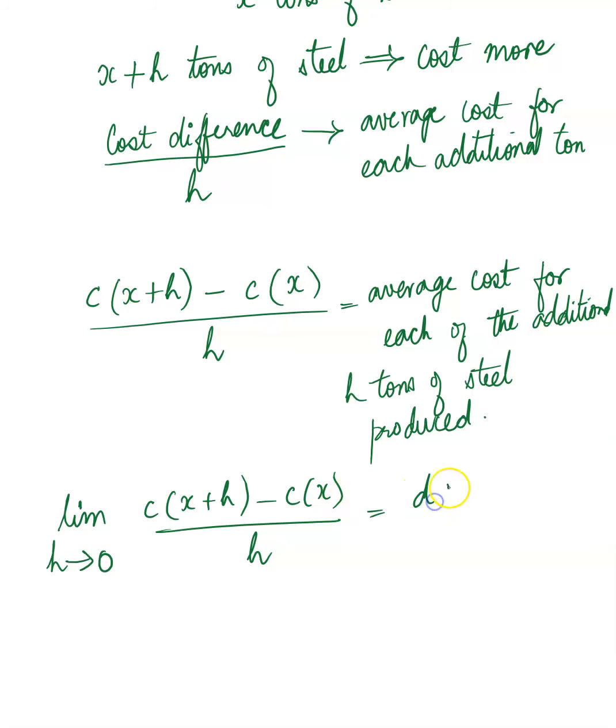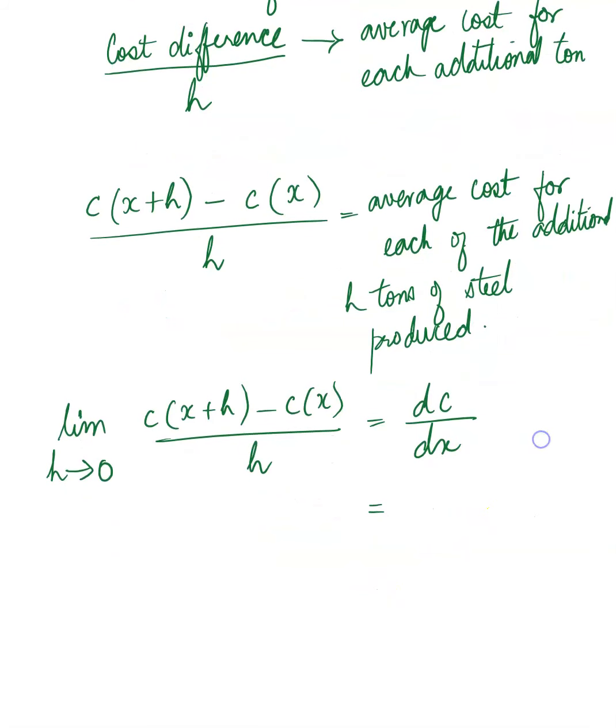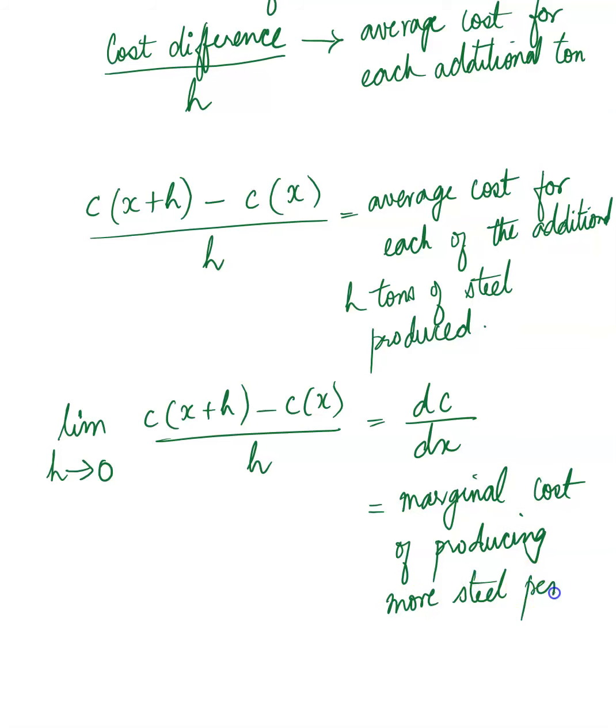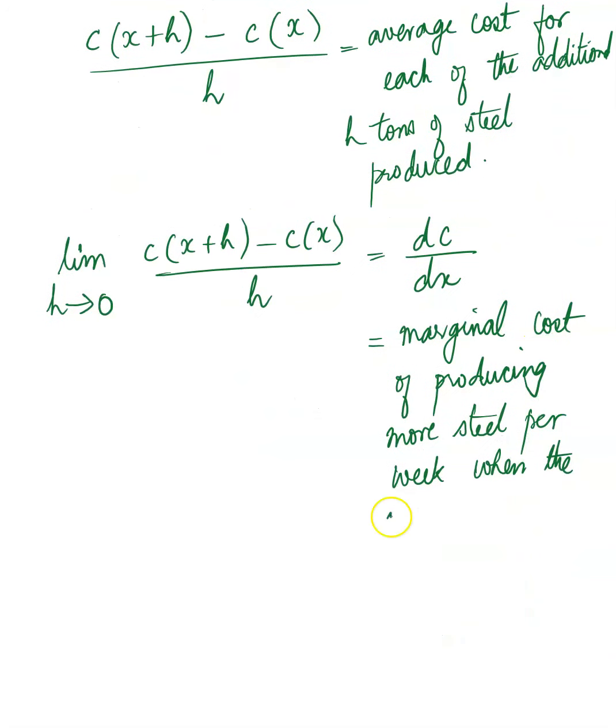This is your dC over dx. And that is known as the marginal cost of production. Marginal cost of producing more steel per week when the current weekly production is X tons.